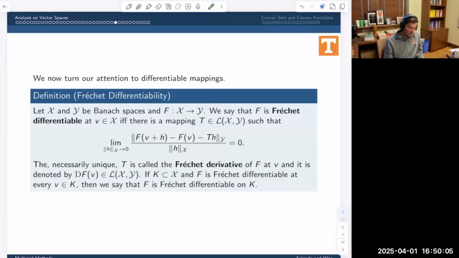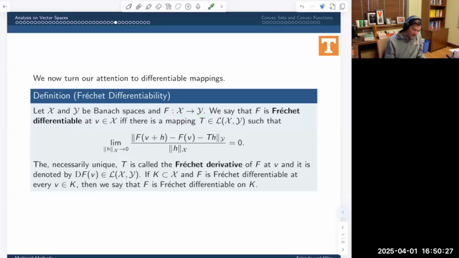This is what's called Banach space differentiation, and it's a generalization of the usual derivative. Let X and Y be Banach spaces and F be some mapping between them. The domain is X, the range is Y.